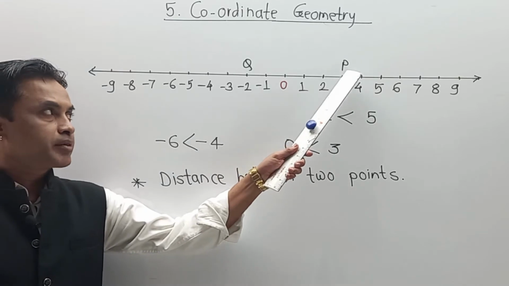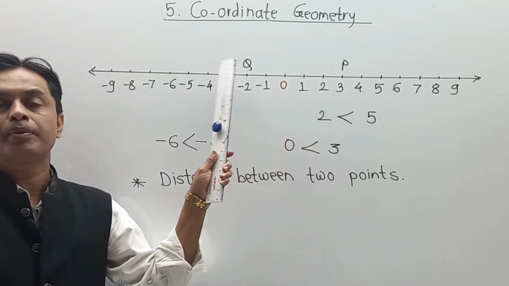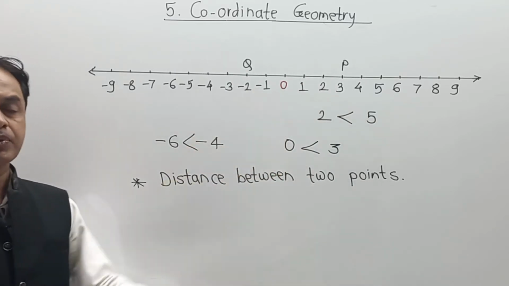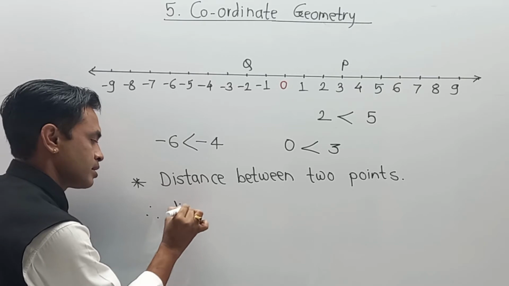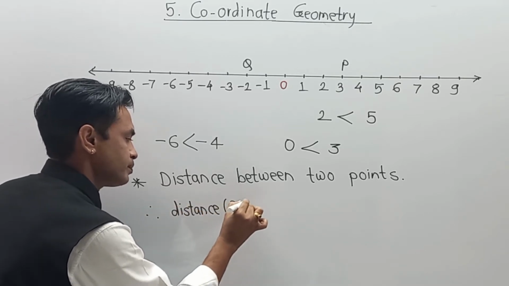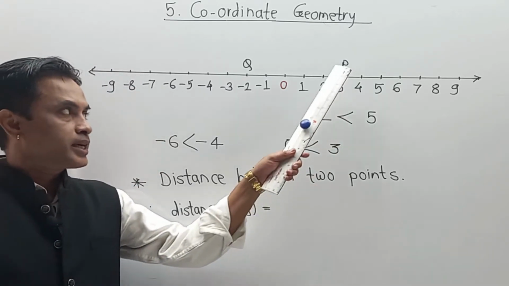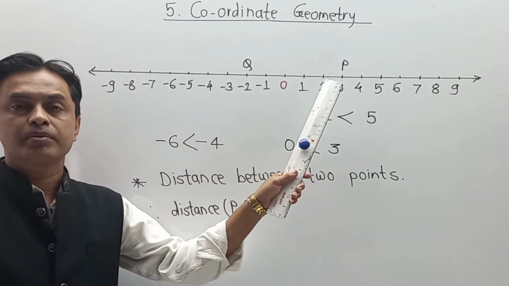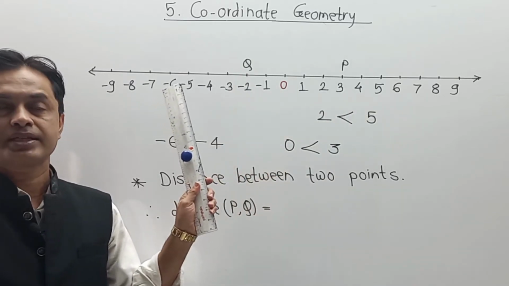By this method we can calculate the distance between the points P and Q, distance PQ. The rule says that distance between the points PQ is the coordinate at the right hand side minus the coordinate at the left hand side.